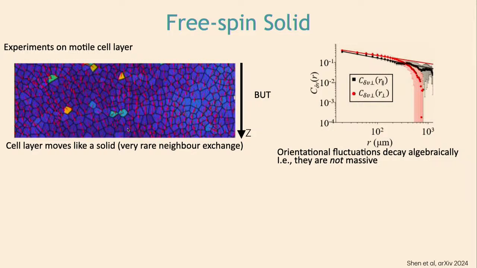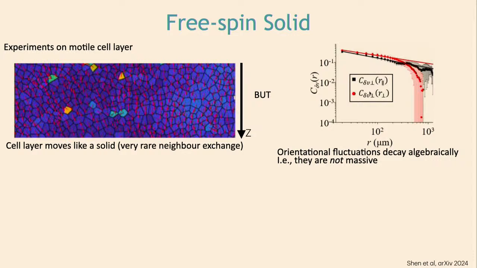But when they measured the velocity correlators or the polarization correlators, they found that the polarization correlators are not massive. Okay, I mean they have a decay, right? Which means that those correlators scale as 1 over q to some power. The orientational correlation. Okay, sorry.